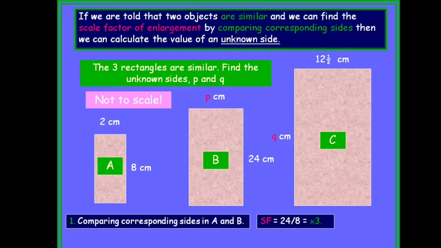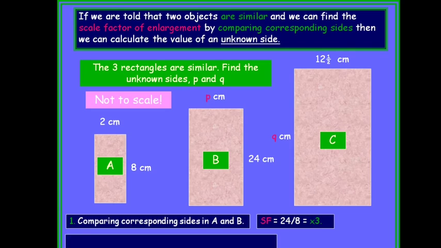So the scale factor of enlargement from A to B is 3. When you multiply 8 by 3 you will get 24. So if the breadth of rectangle A is 2 centimeter, the same scale factor will multiply its breadth to get the corresponding breadth of rectangle B.